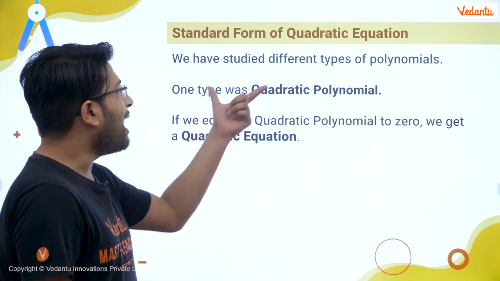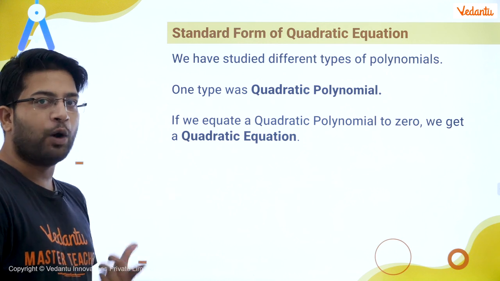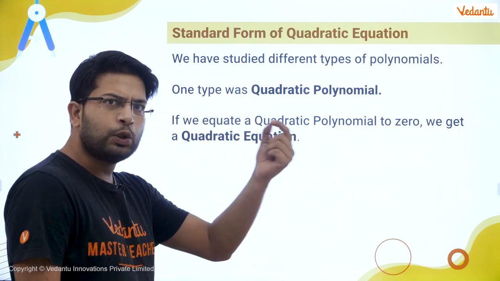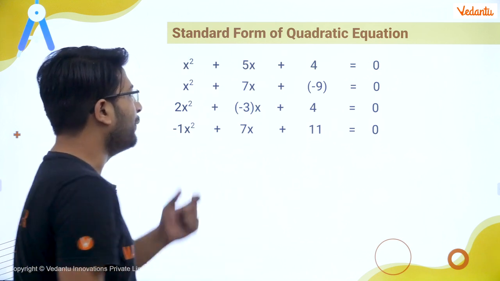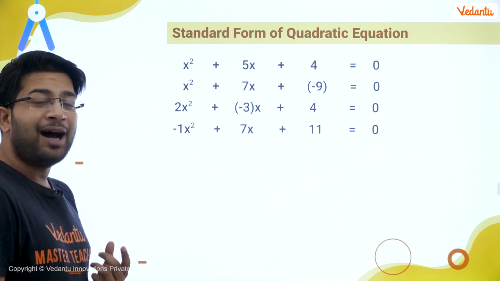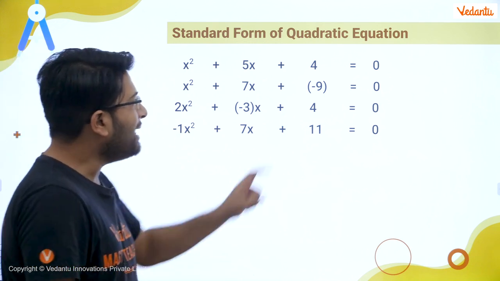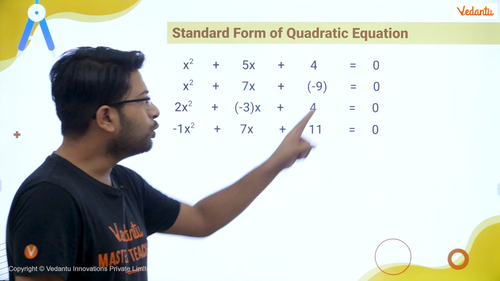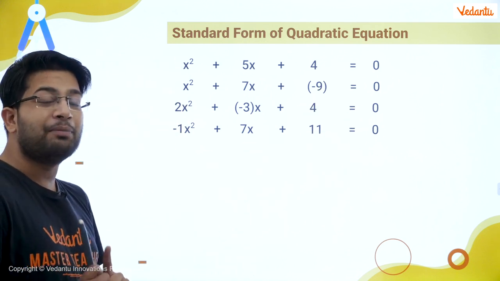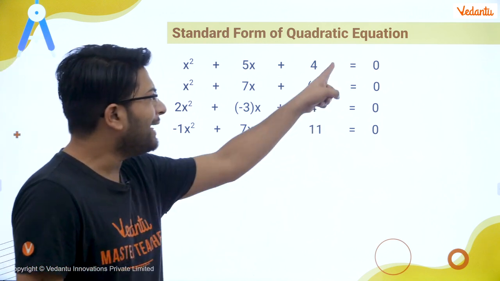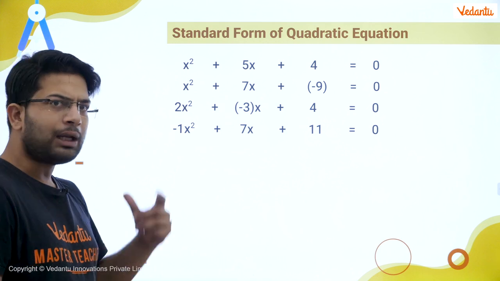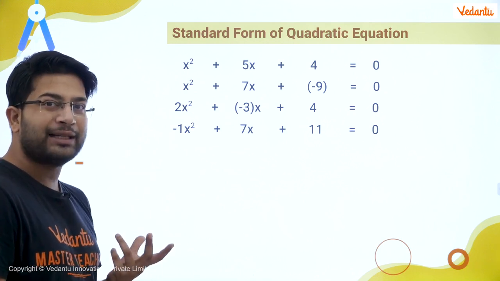Now champ, if I equate my quadratic polynomial to 0, like this, the left hand side is the quadratic polynomial, and I have equated this to 0. Now all of these equations are nothing but my quadratic equation. Equate means equation, and the degree is 2. That's why quadratic equation. I hope it is clear.